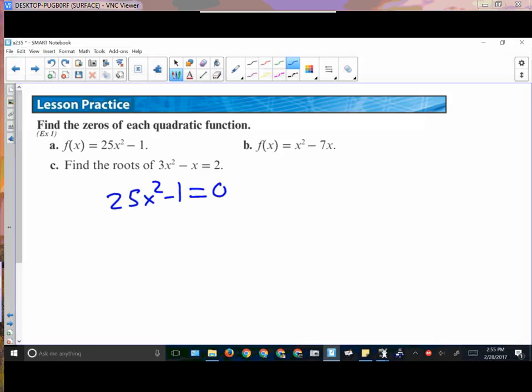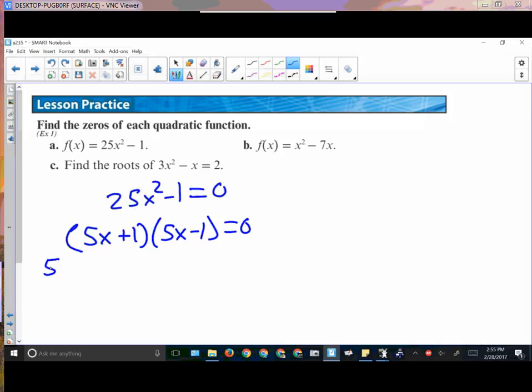Factor. 25 is a perfect square, x squared is a perfect square, 1 is a perfect square. So these are perfect squares and it's subtraction, so this is a difference of 2 squares. So that'll mean (5x plus 1)(5x minus 1) is equal to 0.